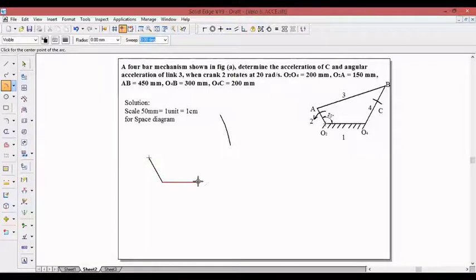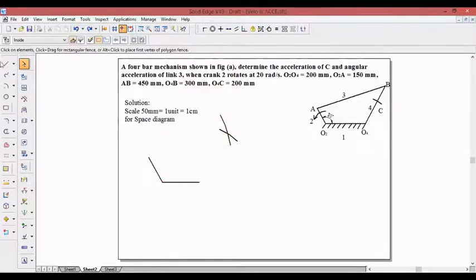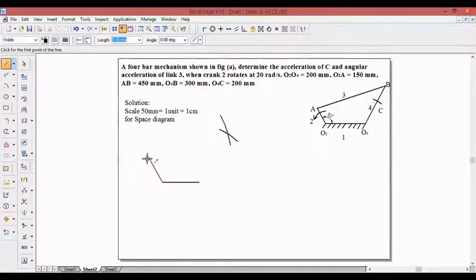So keeping this point with 6 centimeter as a radius, we need to cut this arc. So by joining this with the intersection of these two arcs, we get point B.